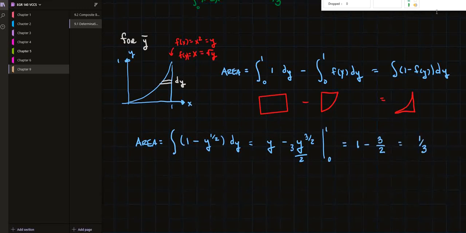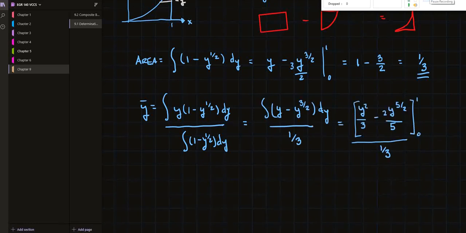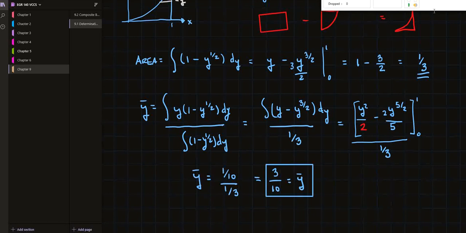And this in fact does equal 1/3. So calculating y bar, then we get this function, then that simply integrates to this, and we end up with 1/10 over 1/3, which is 3/10.